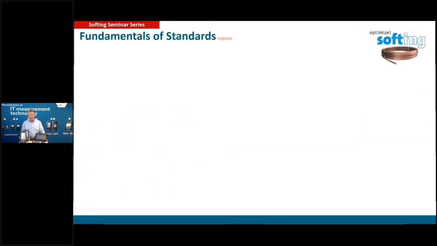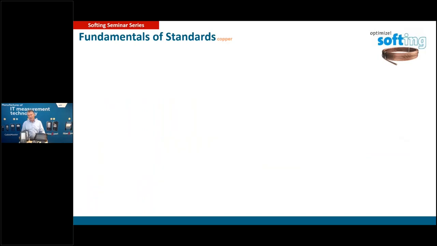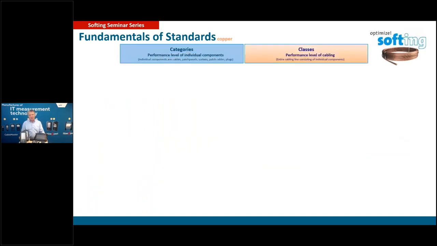So what is written in there? First of all, we're talking about categories and classes. Categories means we have single components which are separated into various categories. We call them category 5 to 6A, 7, 7A, up to 8 at the moment. And we have these classes.